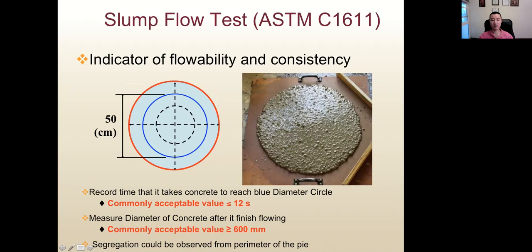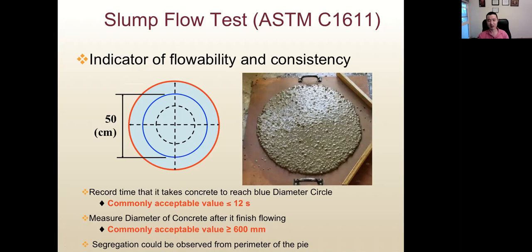The commonly accepted value is less than 12 seconds. More than that, the concrete becomes too viscous. We also measure the diameter. For normal SCC, it is around more than 22 inches, less than 30 inches.